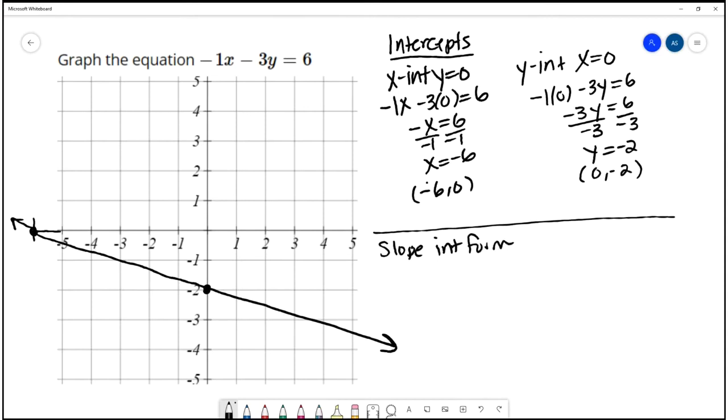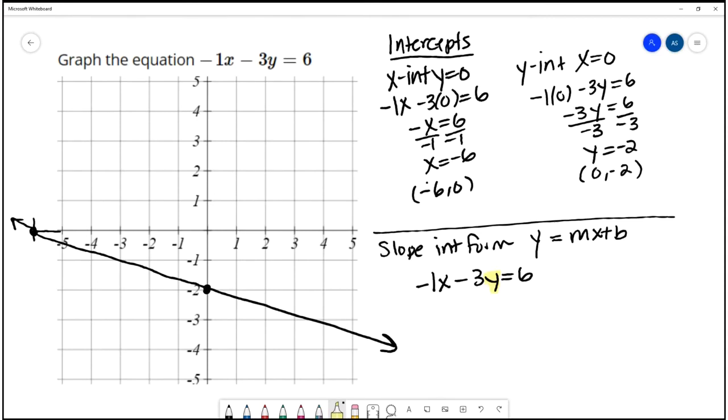With slope-intercept form, we want to rewrite our equation in the format y equals mx plus b. So our equation is negative 1x minus 3y equals 6. This is called standard form. Slope-intercept form will have the y isolated on one side.